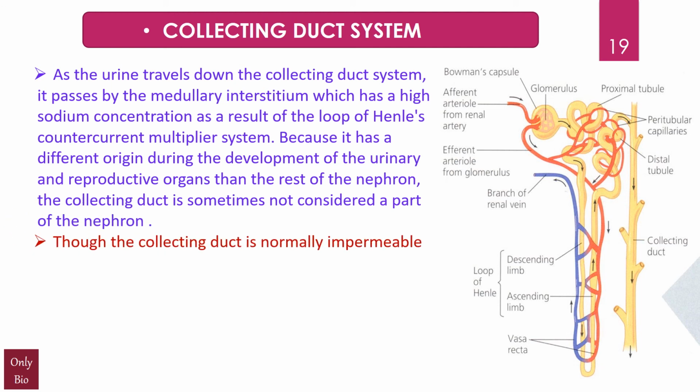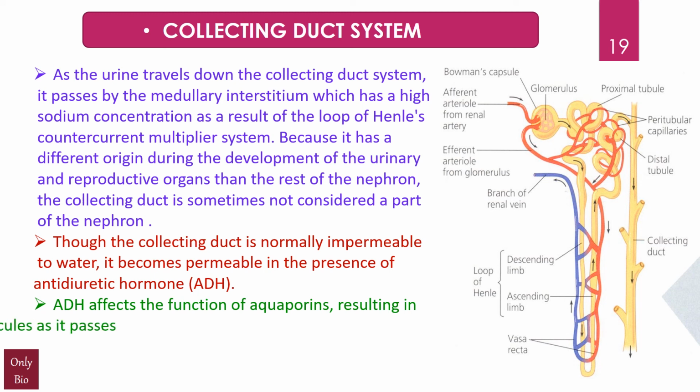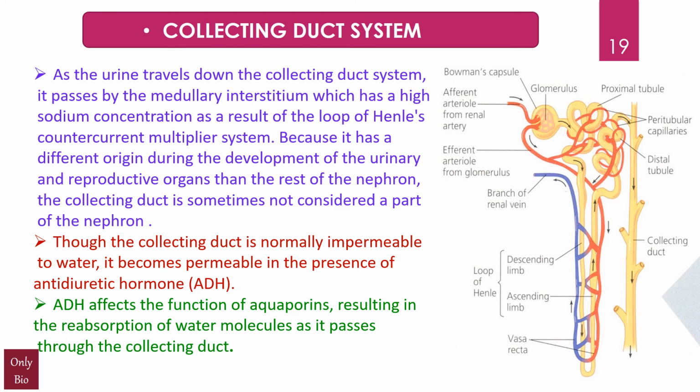Though the collecting duct is normally impermeable to water, it becomes permeable in the presence of antidiuretic hormone. ADH affects the function of aquaporins, resulting in the reabsorption of water molecules as it passes through the collecting duct.